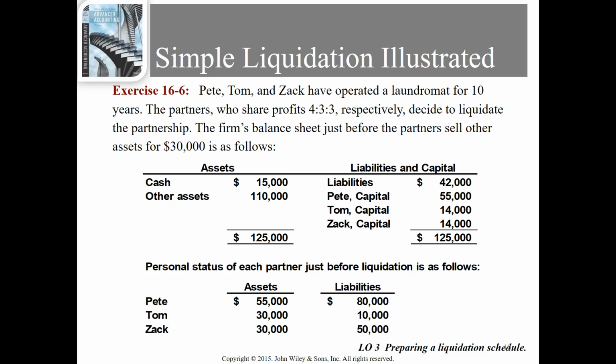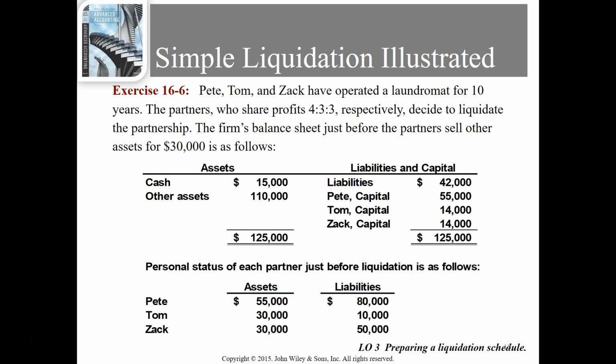The firm's balance sheet just before the partners sell other assets for $30,000 is as follows. Normal balance sheet: assets equal liabilities plus capital, and they equal. Here is the personal status of each partner just before liquidation. Looking at the different assets and liabilities, hopefully you realize that Pete and Zach really are insolvent.